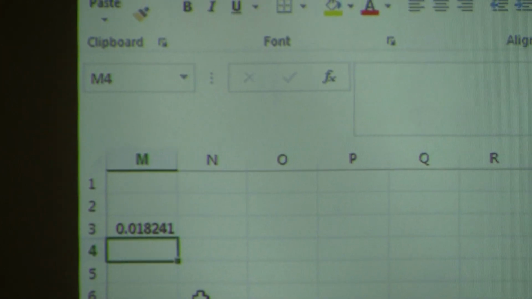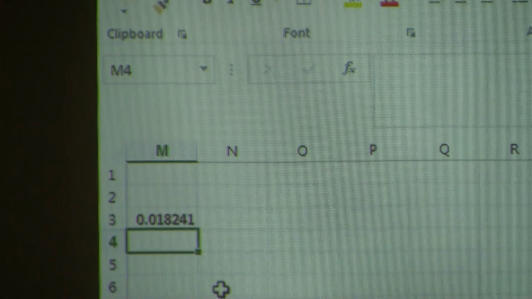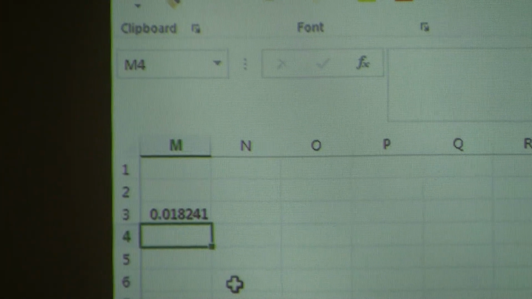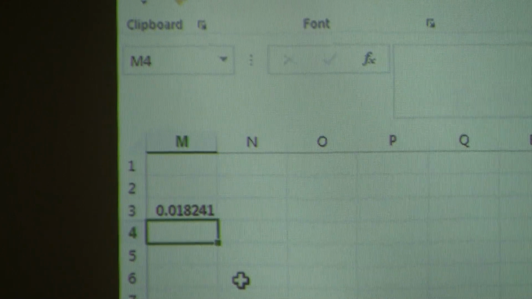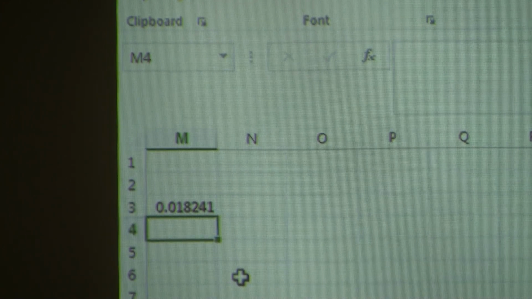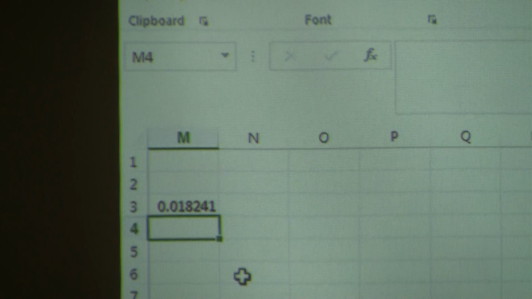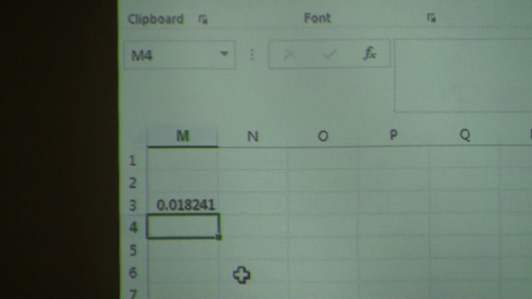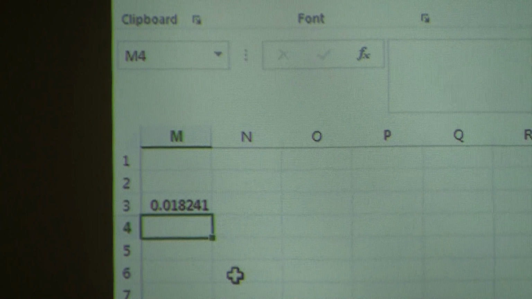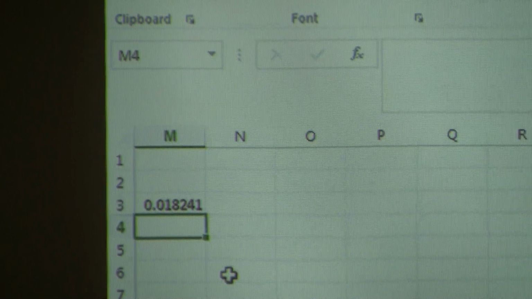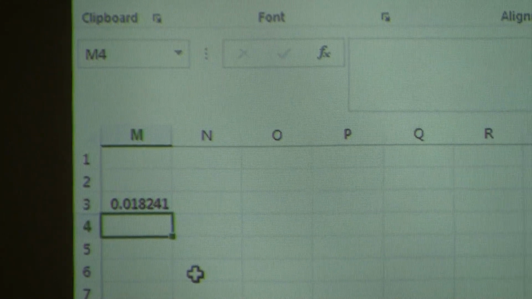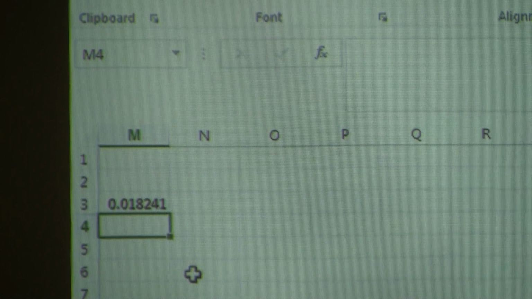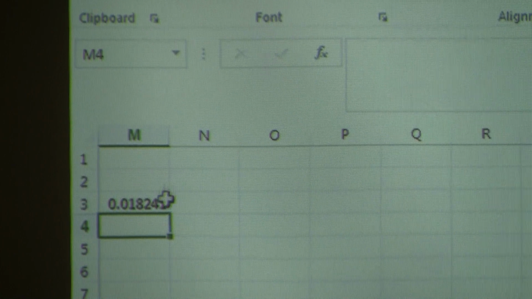So, 1.8% per month. Does that sound about right? Easy way to check that: you multiply that by 12, would that get you close to 22? Yeah. 1.8 times 12 is about 22, right? So you can just quickly check yourself and make sure that that's right.